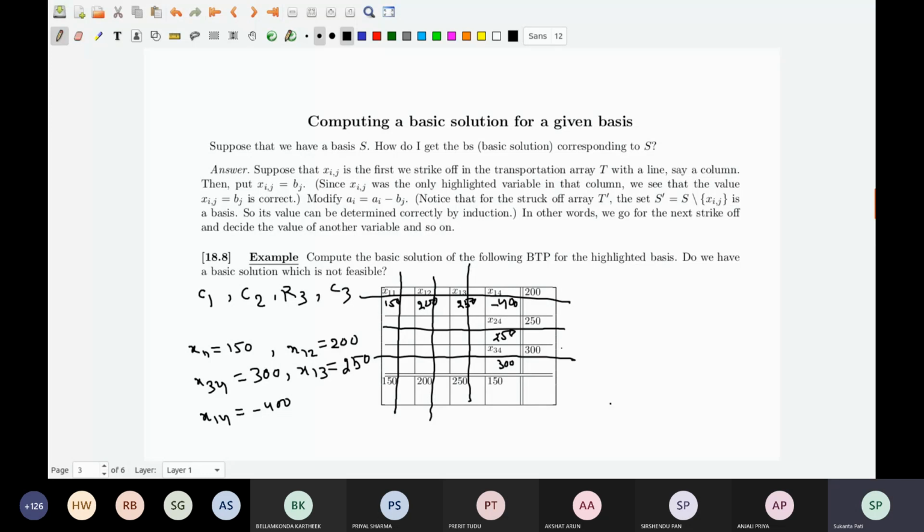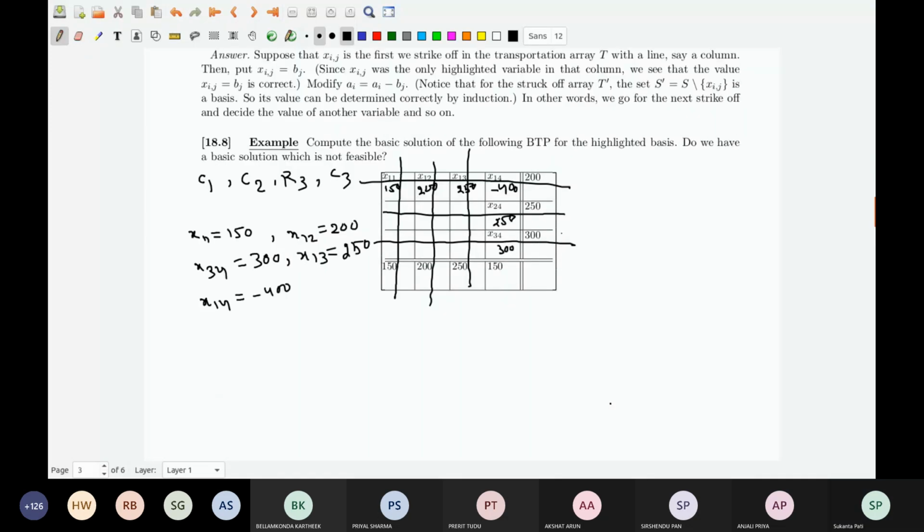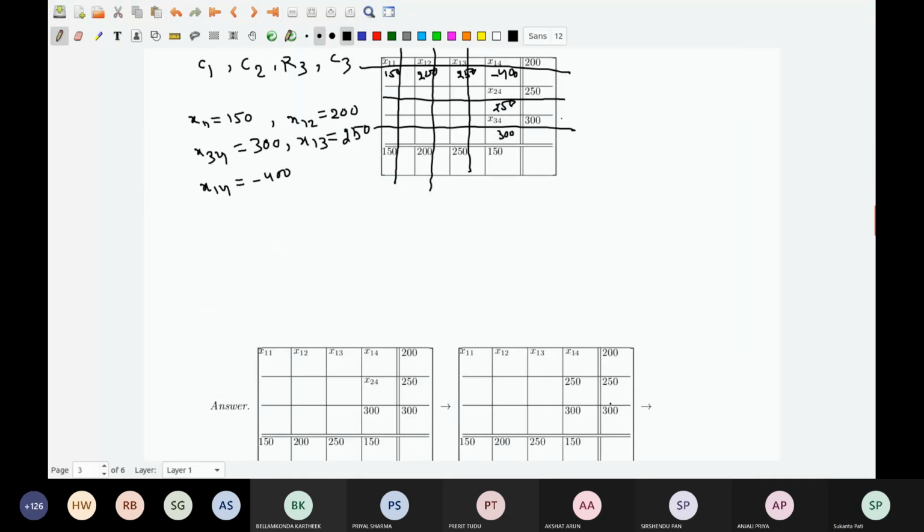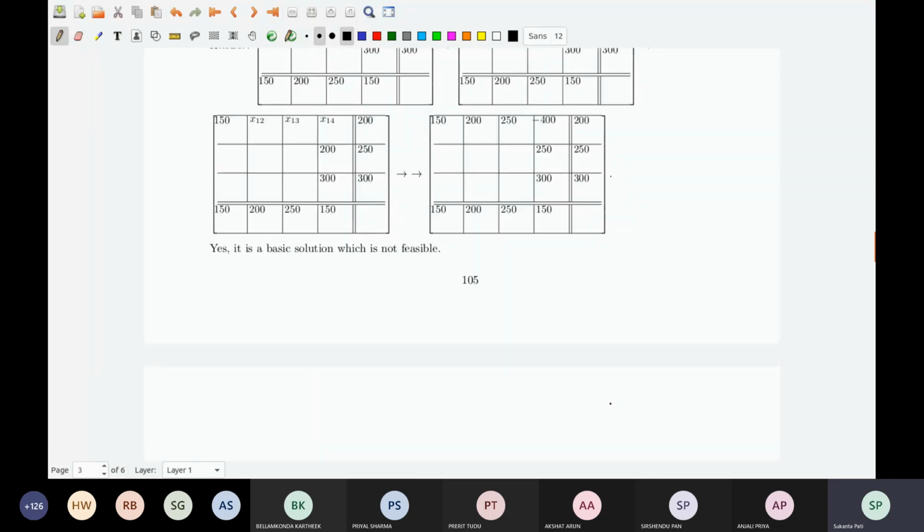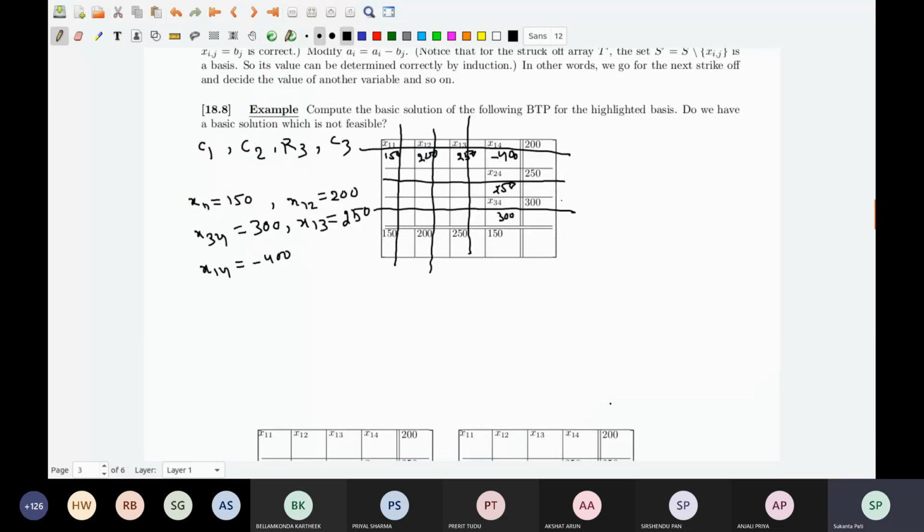So here I have done like that. Is it true that if I take an arbitrary basis and compute the basic solution corresponding to this, will that give me a basic feasible solution? I did not write x24, you can write x24 equal to 250.